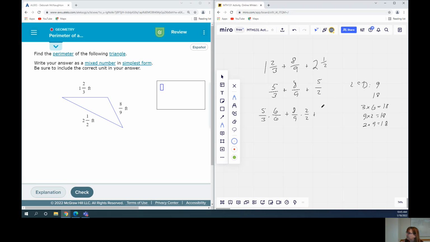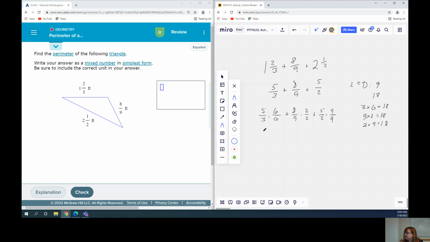And then the last fraction, 5/2: 2 times 9 is 18, so I'm going to multiply this one by 9/9. When I'm done, I should end up with 18 in the bottom of all of them. That's how I know I did it right.